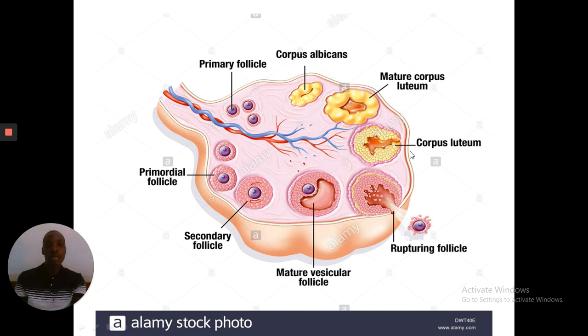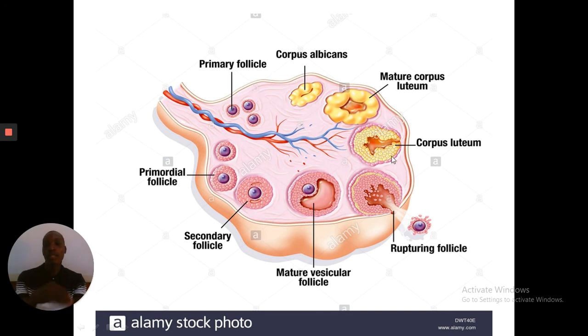So the corpus luteum is going to remain in the ovary and continue secreting progesterone hormone for the next 14 days. This phase, when the corpus luteum is remaining in the ovary and secreting progesterone after ovulation, we call the luteal phase.